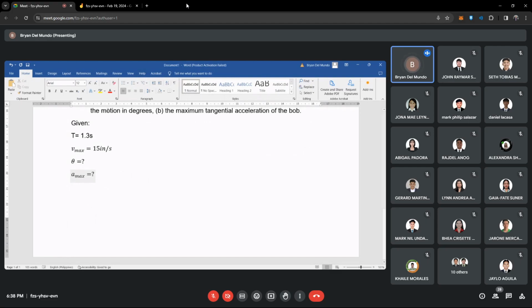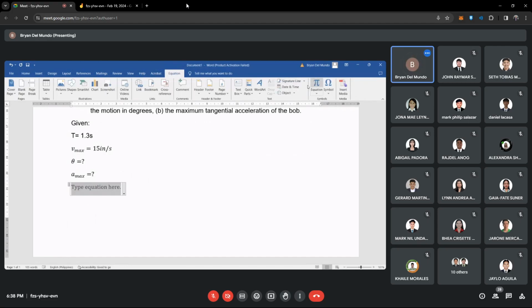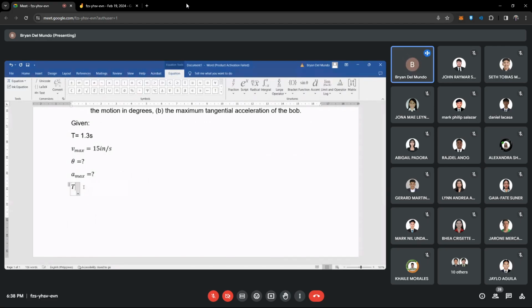So we have here our formula. So T is equivalent to 2 pi over yung ating omega n.